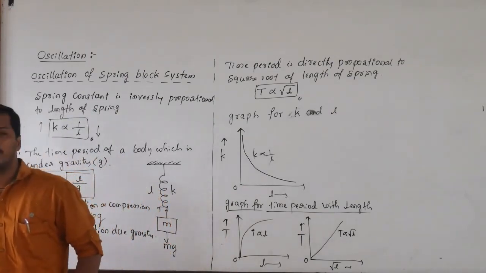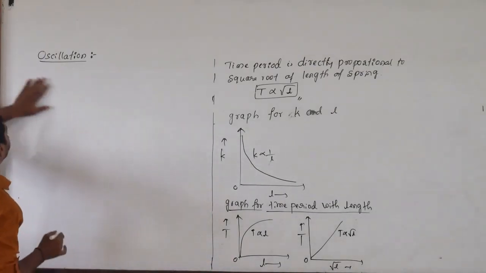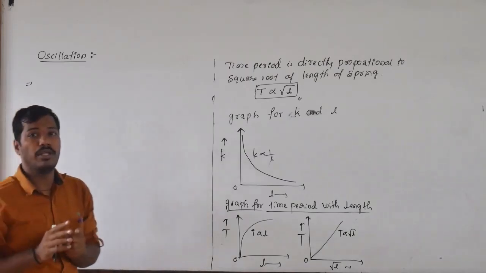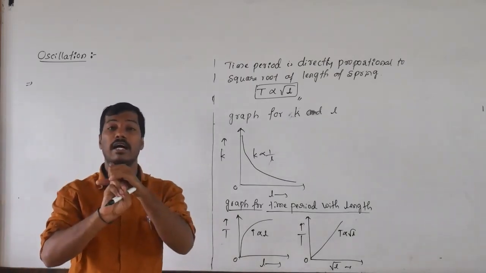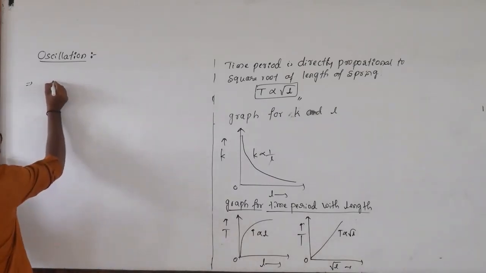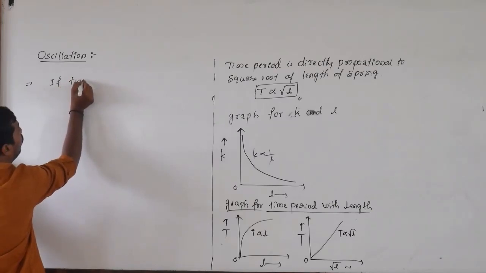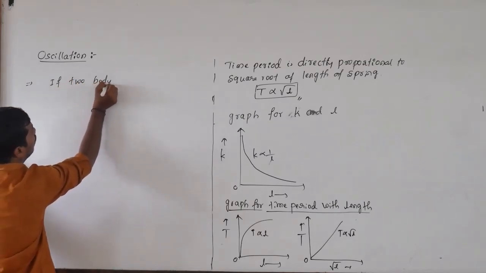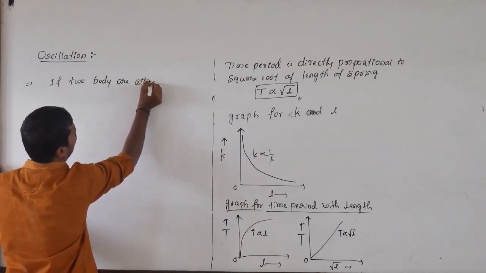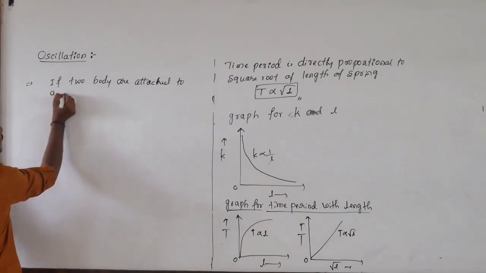The next important point: if two bodies are connected with a single spring, then what is that? If two bodies are attached to a spring, a single spring is there.